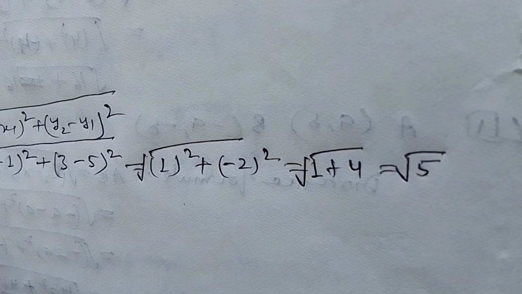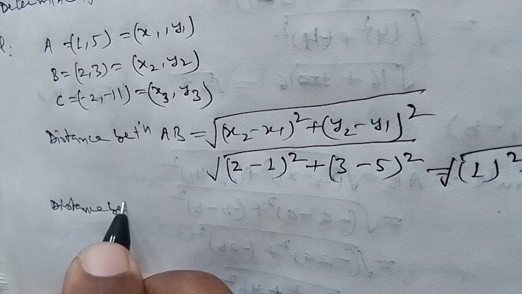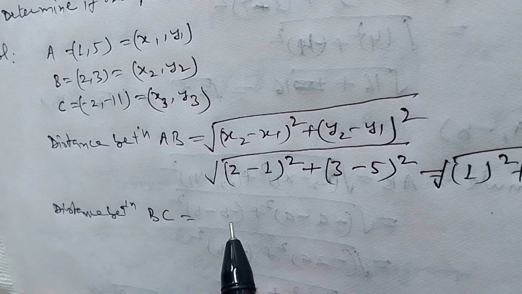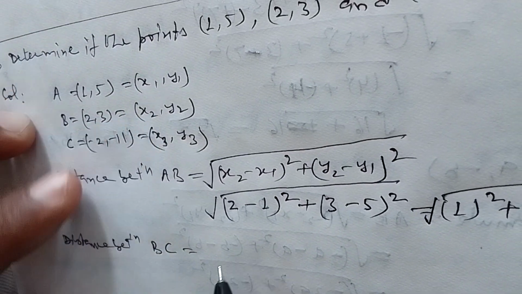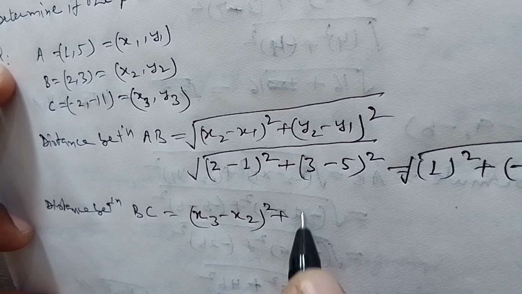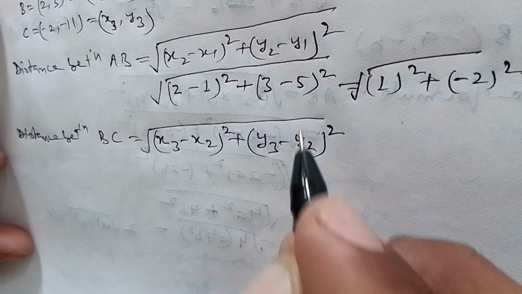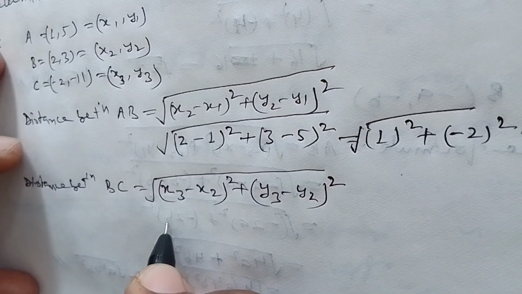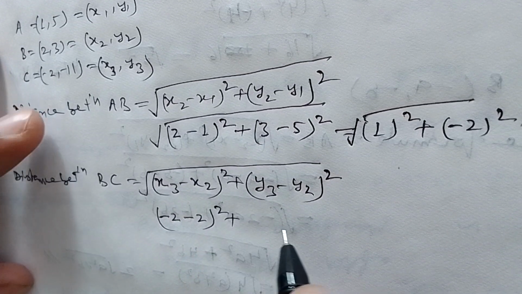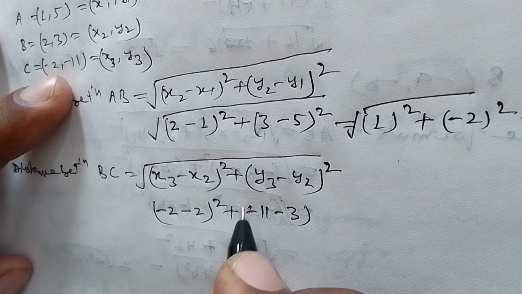Now we will calculate the distance between points B and C. For BC we have to consider these two points. So the distance formula is the square root of (x3 minus x2) square plus (y3 minus y2) square. By putting the values, x3 is minus 2 and x2 is 2, plus y3 is minus 11 minus y2 which is 3.